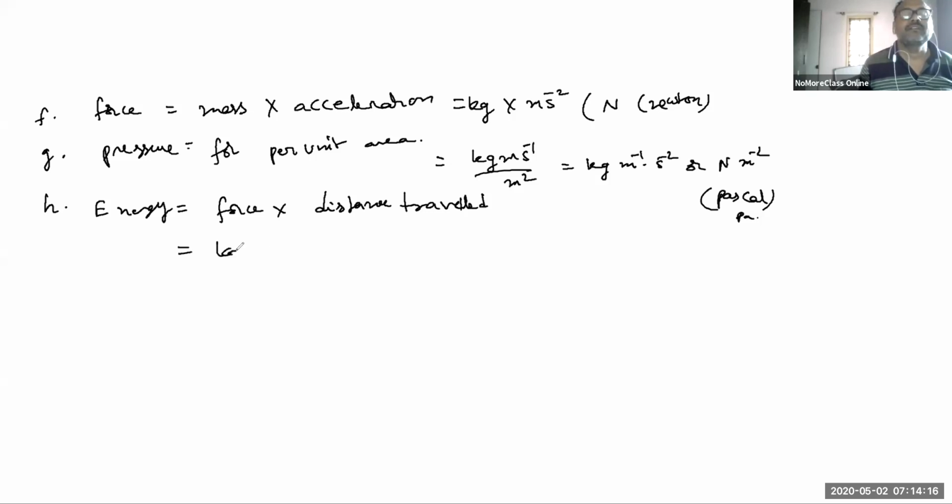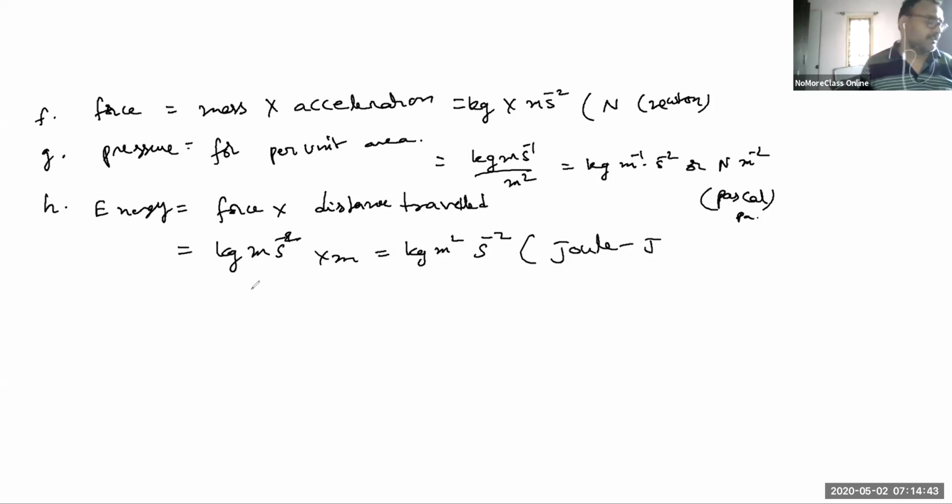Kg meter per second square into meter, that is equal to kg meter square second power minus 2. It is called joule. Simply the representation is J.